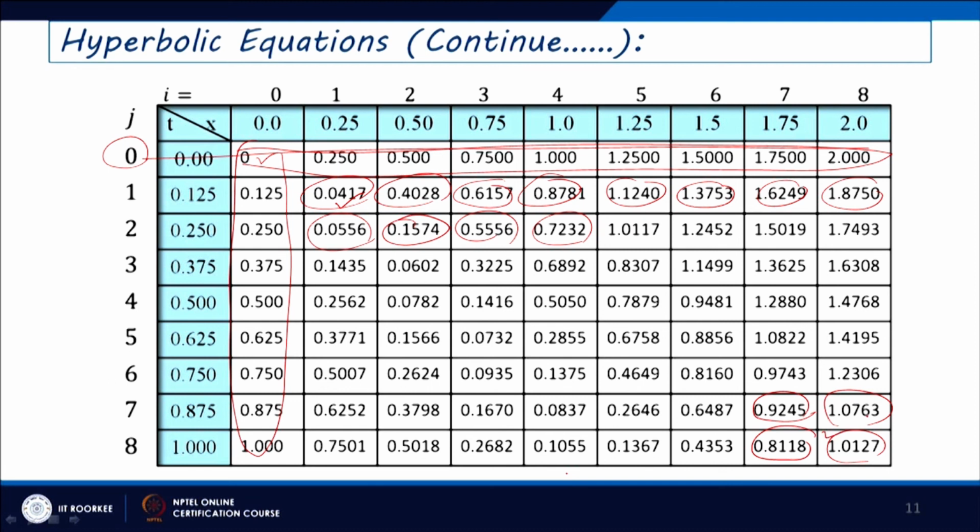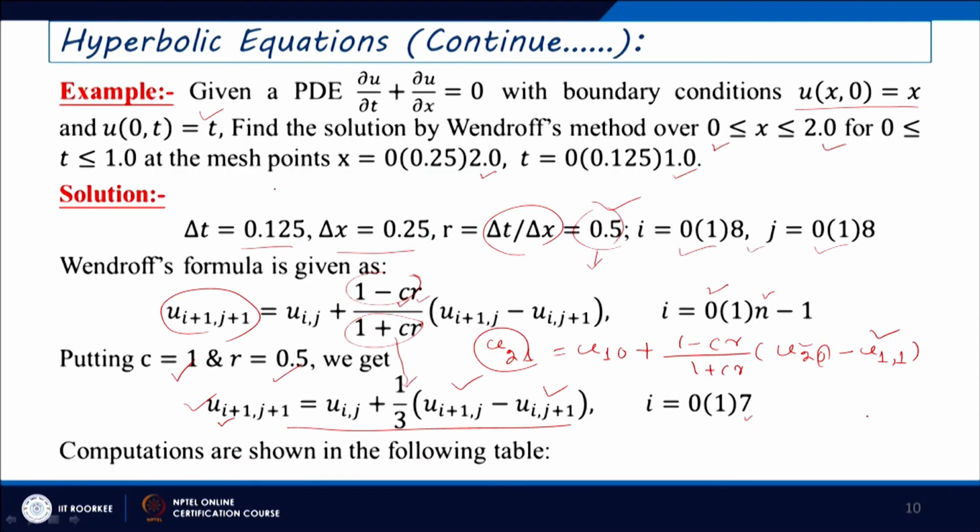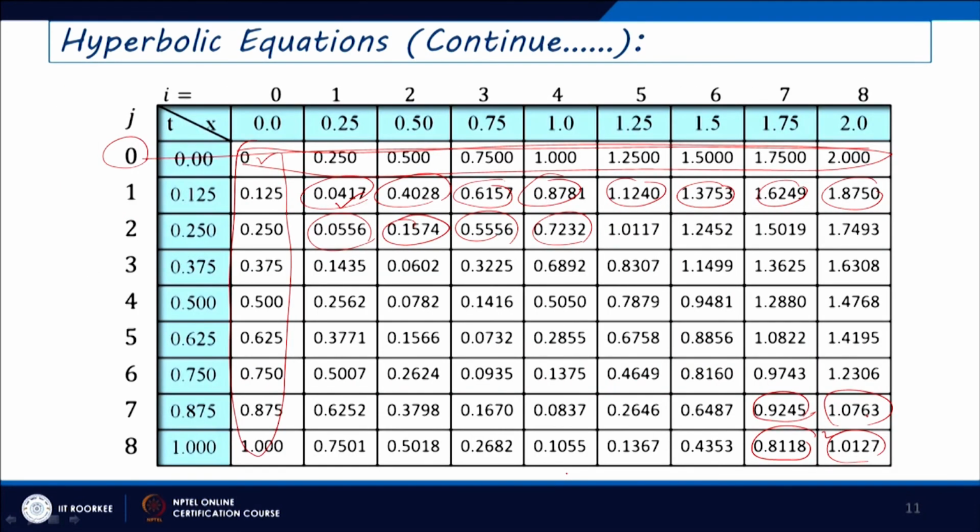So, u i plus 1 j plus 1 can be taken as a combined formulation of the values at the i j th level, the i plus 1 j th level, and the i j plus 1 th level. This is just a simple calculation. If you do it, you can obtain the values at each iteration up to the last point. Thank you for listening to this lecture.